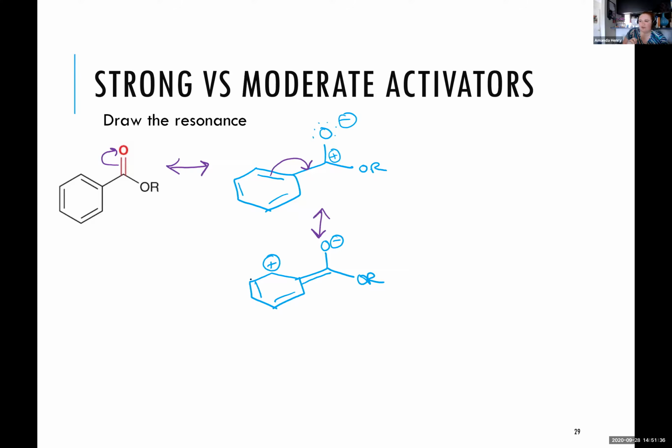Where else could I have started my arrow? So to stabilize that very first carbocation, where else could I have started my resonance arrow? Yeah, the other oxygen, exactly. So I'm just going to draw it in a different color, but we're going to go right here.